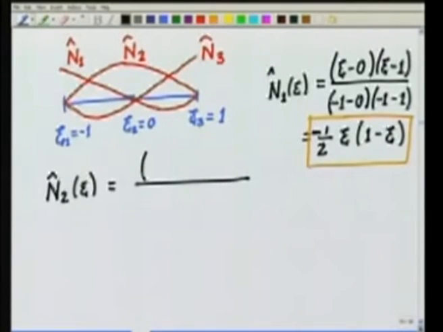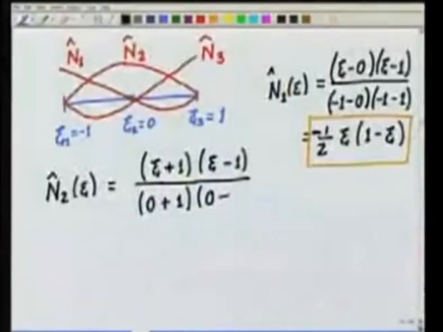This has to vanish at the points psi 1 and psi 3, so it's psi minus of minus 1, so psi plus 1 into psi minus 1, and it has to have the value 1 at the point psi 2, so 0 plus 1, 0 minus 1.